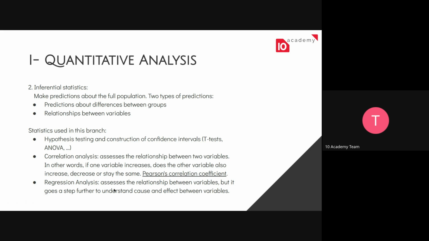This is where you're also finding a relationship between variables, but here you are finding the actual mathematical relationship between them, basically finding the parameters of the line or the parameters of the relationship between the two variables, or more than two variables as well. Okay, so this is in short.